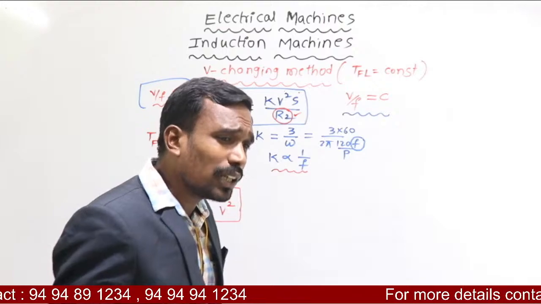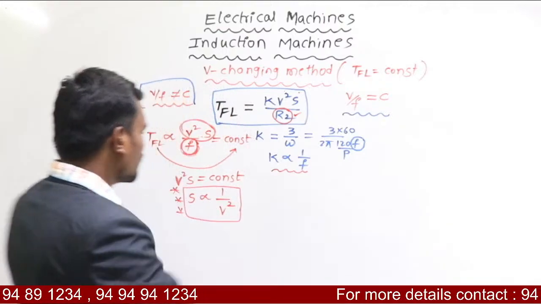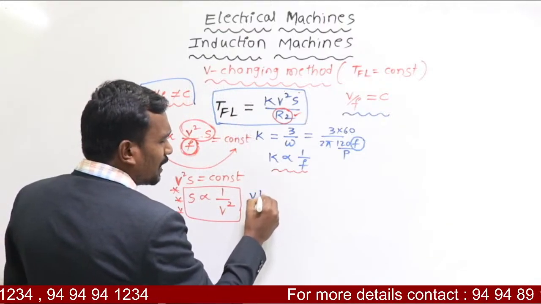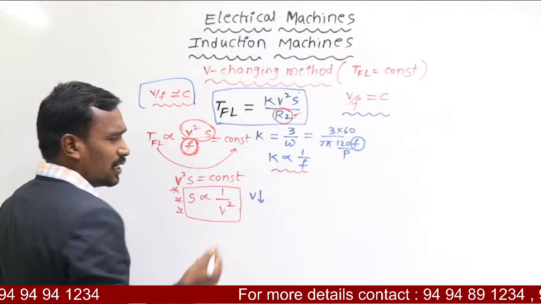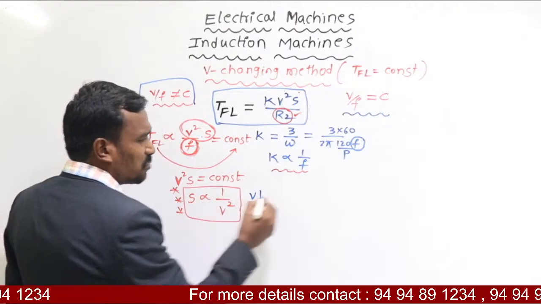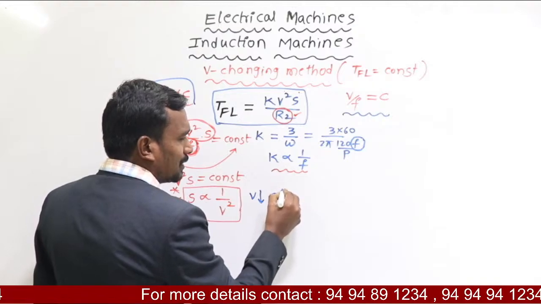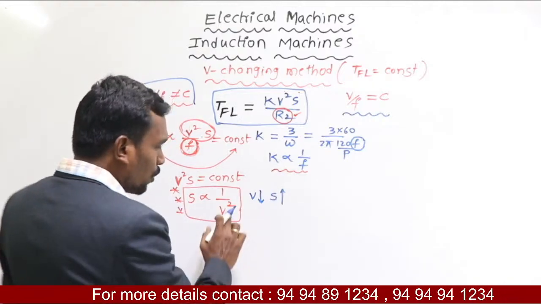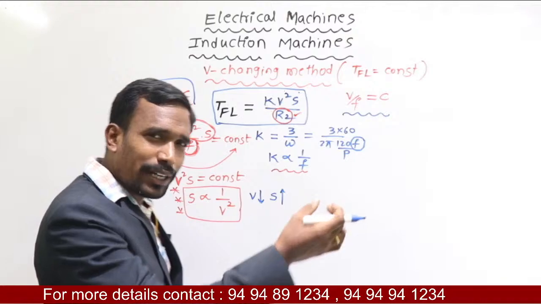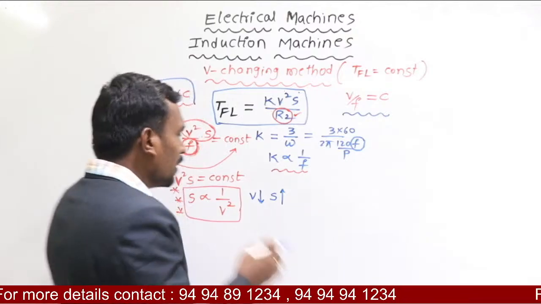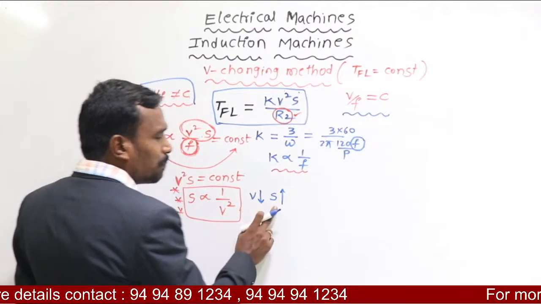So how can we control the speed here? Just simple, by reducing the voltage. If voltage reduces, what happens? Slip increases. If I reduce the supply voltage, then slip increases.